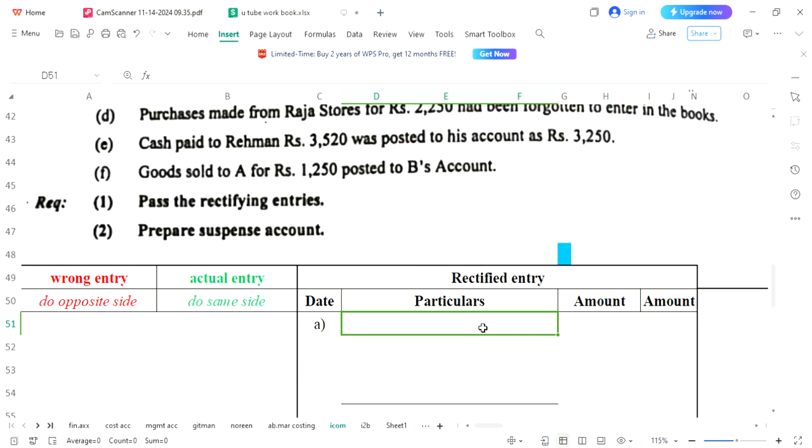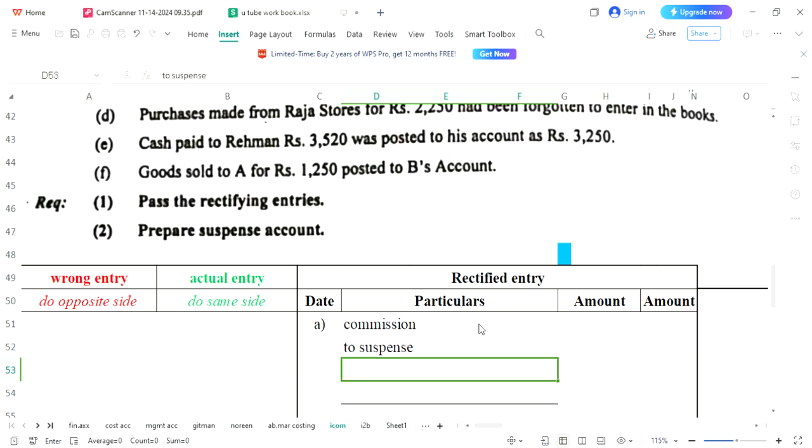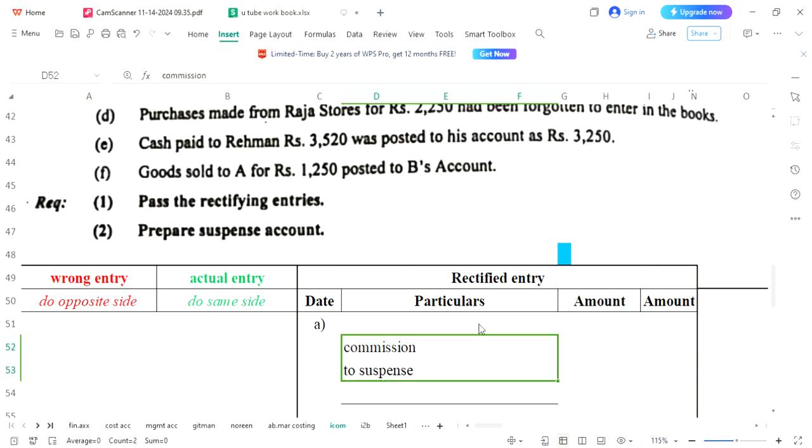So we will transfer it. Commission was required to be written on debit. We have not written it. Now we will write commission on the debit side. There is nothing left to be written on the credit side, so you will write suspense account in our entry. So guys, in this way, the entry has been completed.